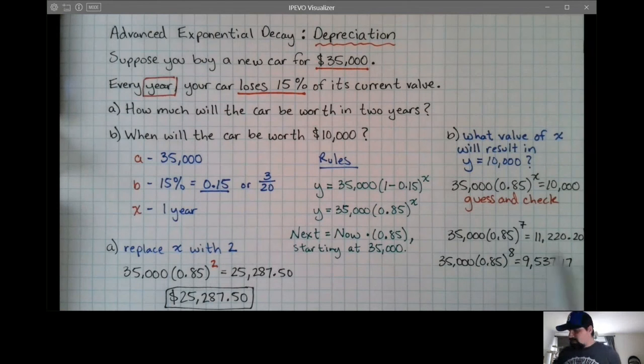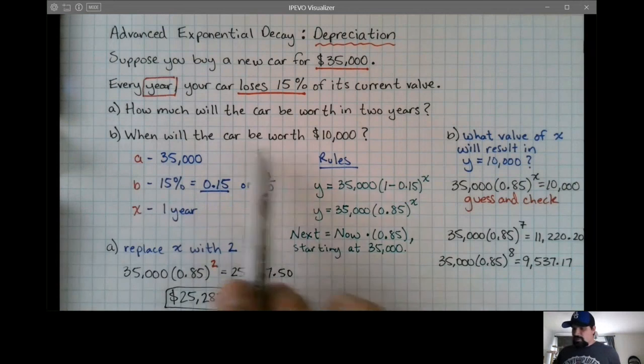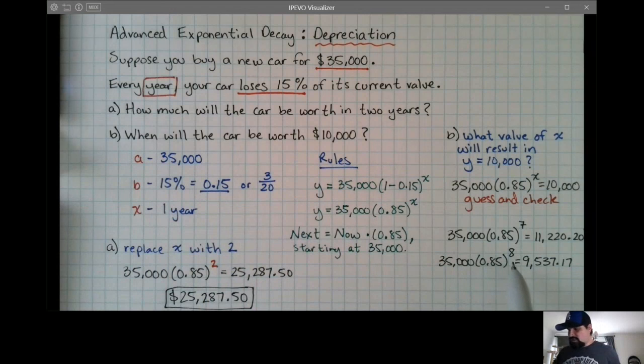All right, this is a little less than 10,000, but it takes the 8th year to get to 10,000. So when it's asking when will the car be worth $10,000, it's going to take 8 years. So the answer is 8 years.